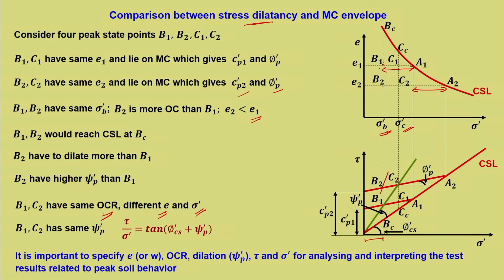What it indicates is that for peak points, the stress dilatancy also needs to be considered, and it is important to specify E, that is the initial state parameter, or it can be in terms of the over consolidation ratio as we have shown here, dilation psi dash P, tau and sigma dash for analyzing and interpreting the test results related to peak soil behavior.